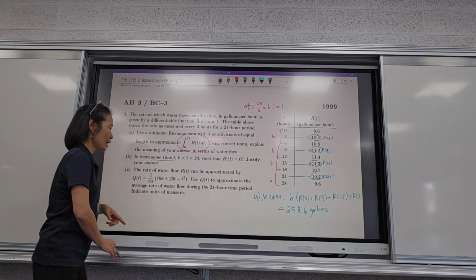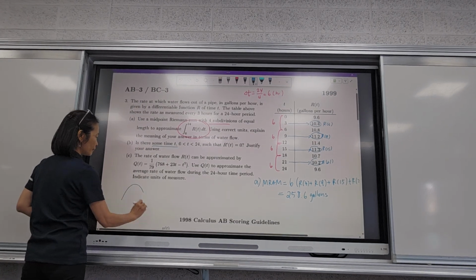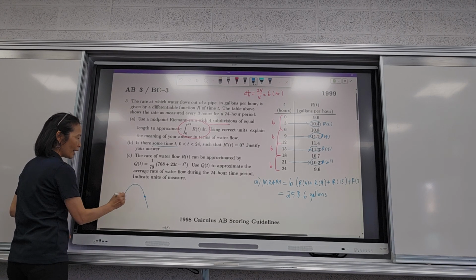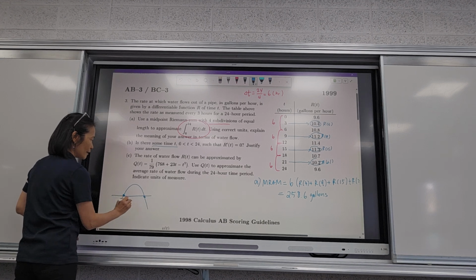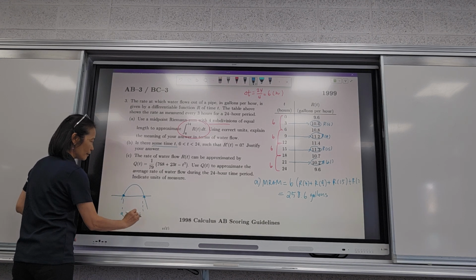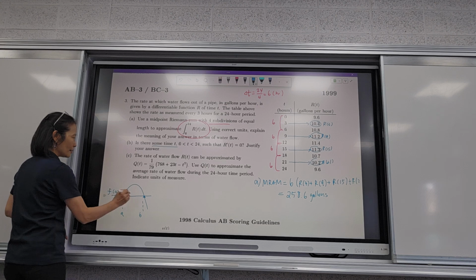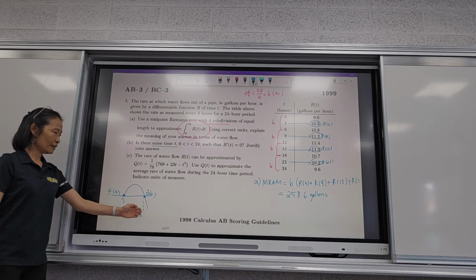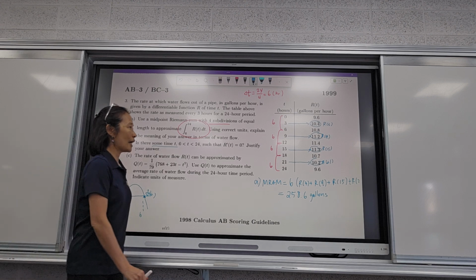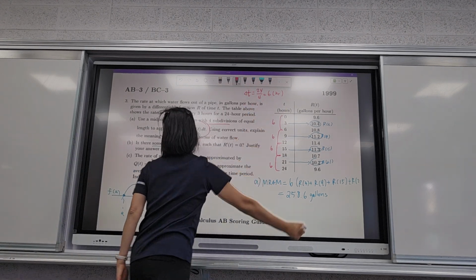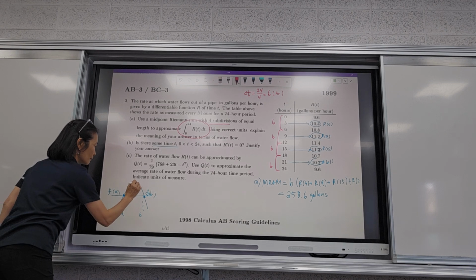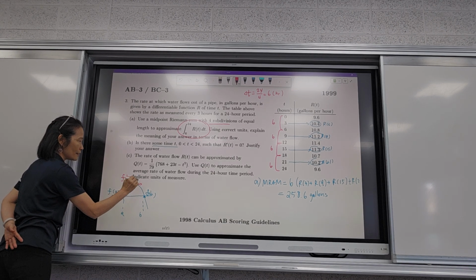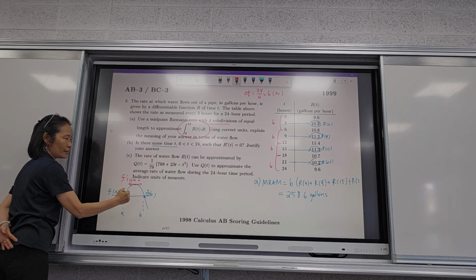Yeah, Rolle's theorem says if you have a function and f of A equals f of B, the same height, remember this? There must be a value C within A to B such that the instantaneous rate of change f prime of C is 0, because the average rate is 0.